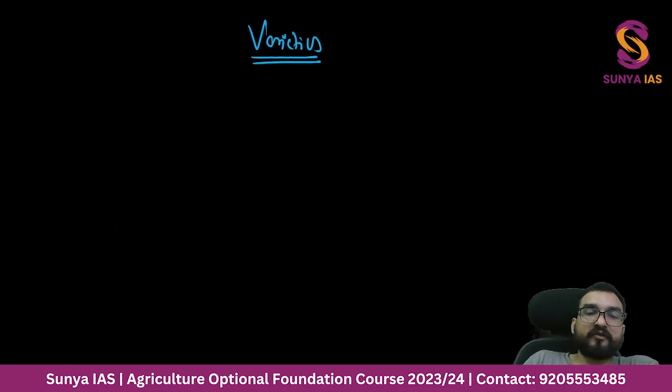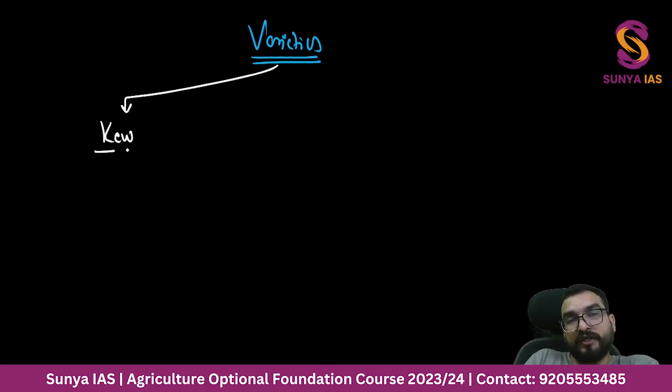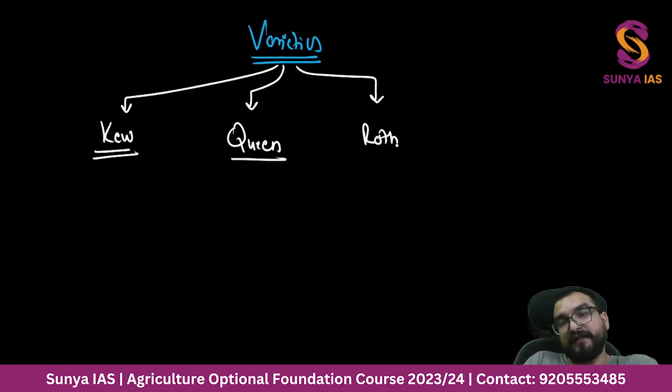Achha, let us talk about the varieties. In India, what are the main varieties grown? We should know. The leading variety grown in India is the Kew variety. Most of the pineapple you will find will be Kew. Another is the Queen variety. Another is the Rothschild variety.